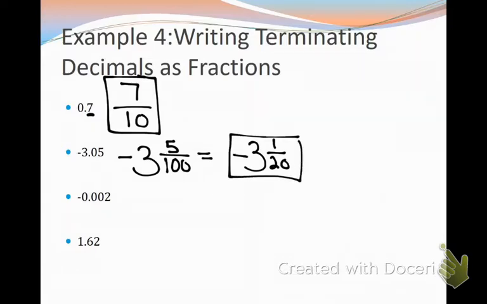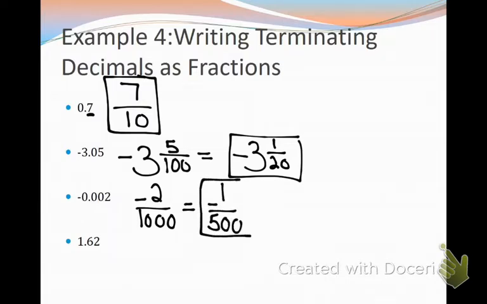All right, try to do the last two now. What is the place value of the last digit of my decimal? And then convert. So on the third one, it's going to be -2 over 1,000. And that's -1 over 500. It's 2 over 1,000.